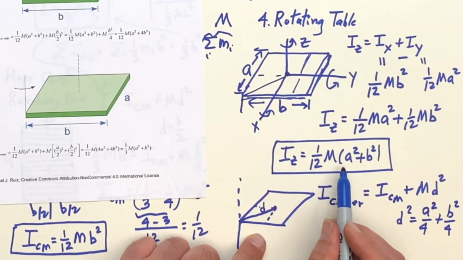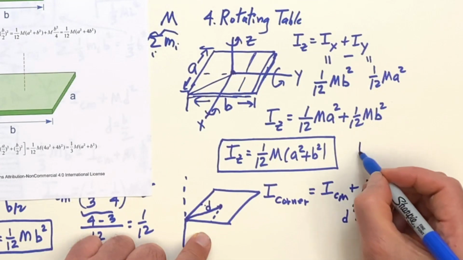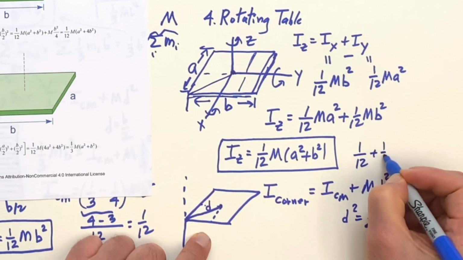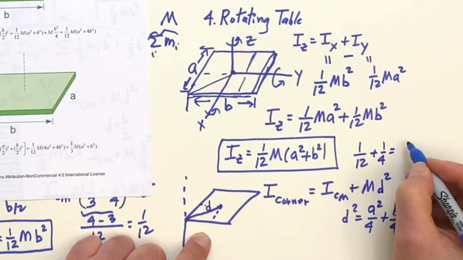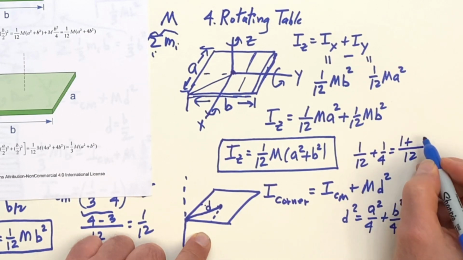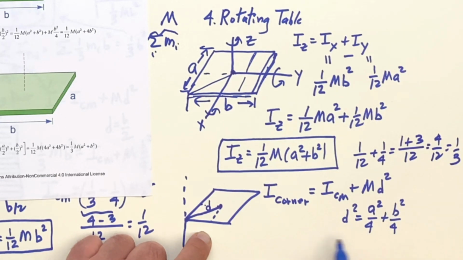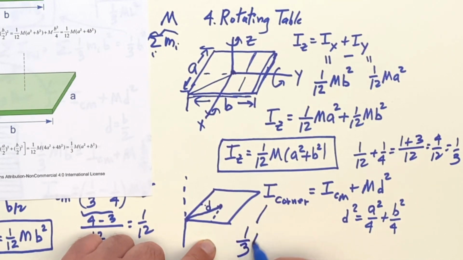So you would simply take this thing and add the 1/4, but we know that when we add 1/4 to 1/12, we've done this before, we have 1/12 plus 3/12, which is 4/12, which is 1/3. So we're going to have here about the corner 1/3 m (a squared plus b squared).